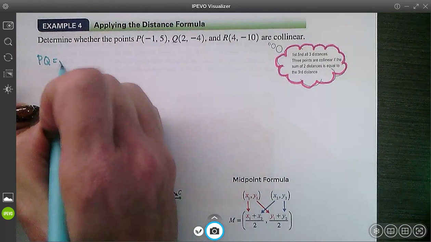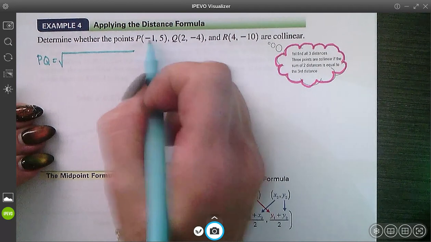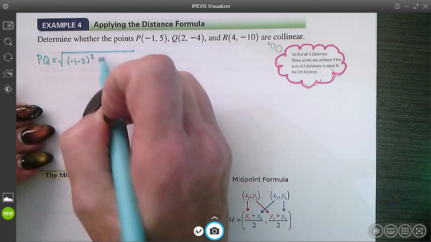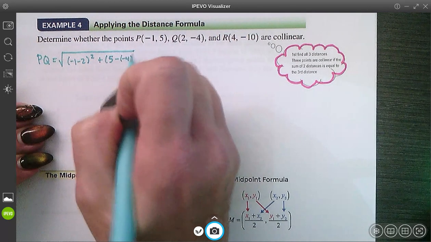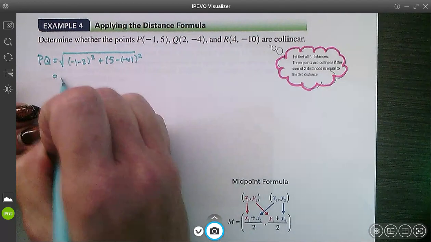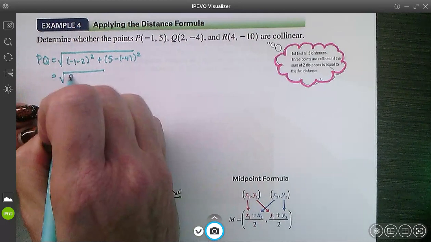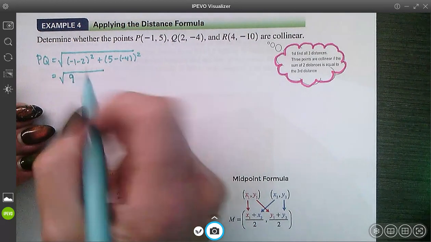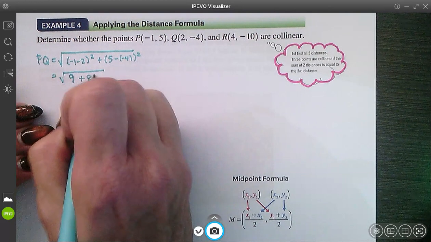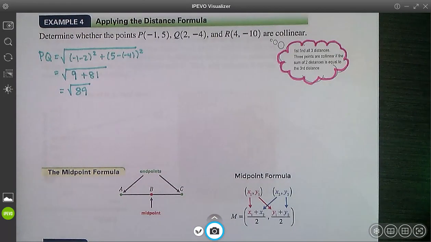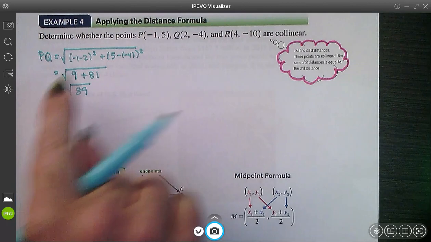we do the square root of negative 1 minus 2 squared plus 5 minus negative 4 squared, which would be the square root of negative 1 minus 2 is negative 3. Negative 3 squared is 9. 5 minus negative 4 is 9, and 9 squared is 81. So this is the square root of... Did I mess that up? 9 and 81.